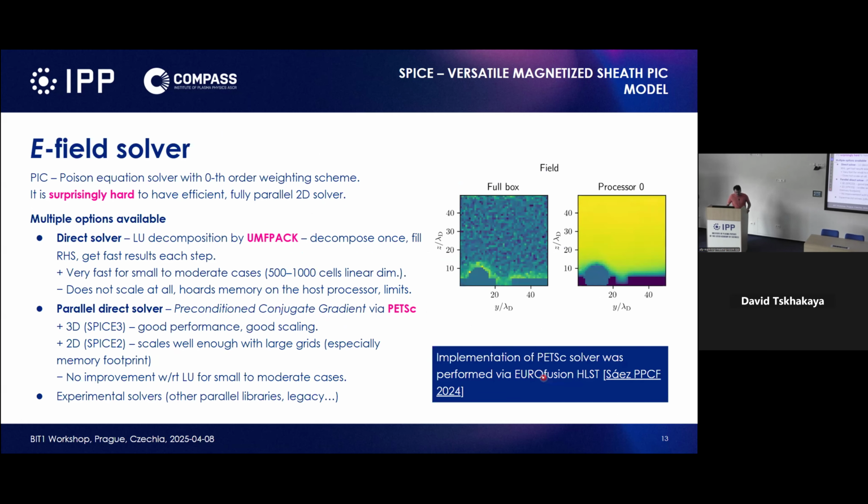It's surprisingly hard to have a 2D field solver that is efficient, fully parallel, and easily implemented, because so far for our problem size, which is a few hundred cells in the linear dimension, the direct solver that runs on a single thread is still the fastest option.